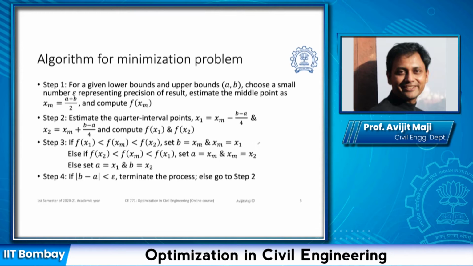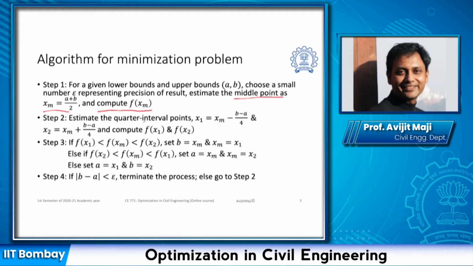So in this algorithm, first of all, we find the lower and upper bounds using one of the elimination methods. Otherwise, if we already know this upper and lower bound, we use that and find the middle point within the boundary and compute the function value at that location.